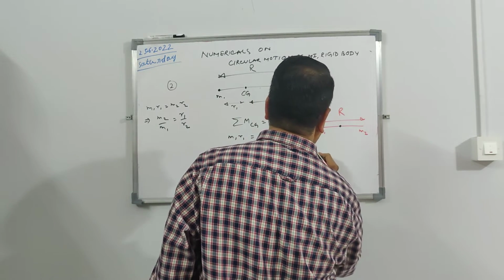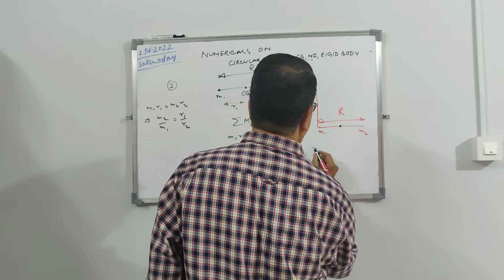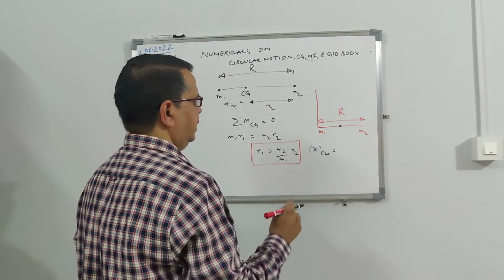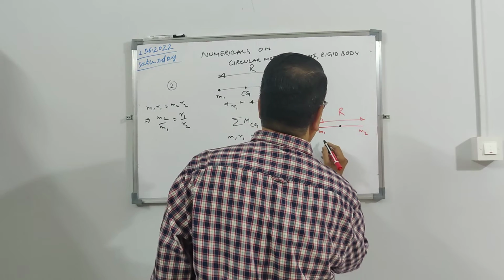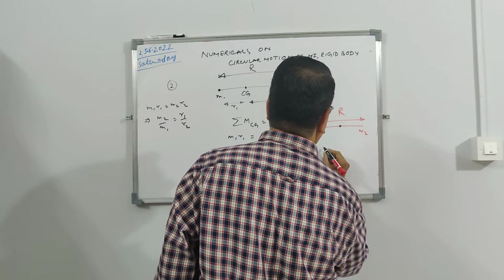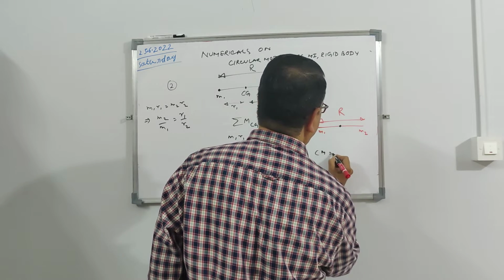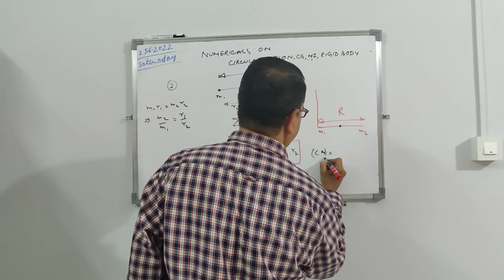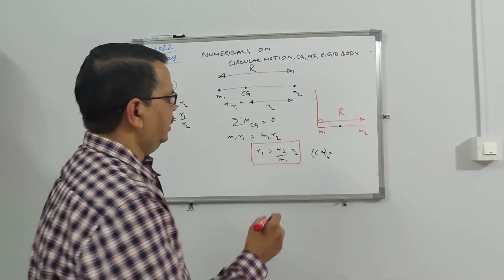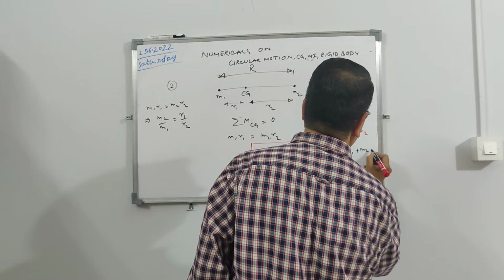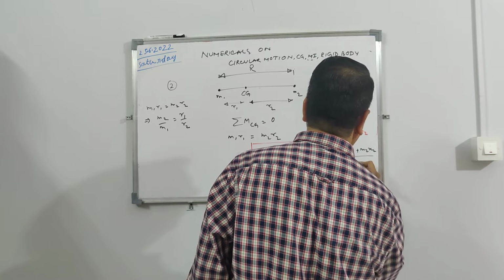The x coordinate of the center of mass is equal to m1 x1 plus m2 x2 divided by m1 plus m2.